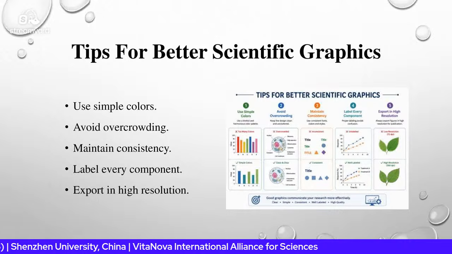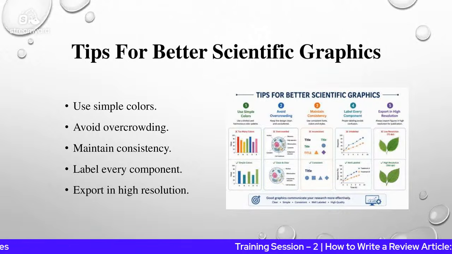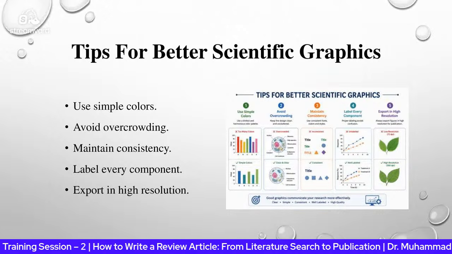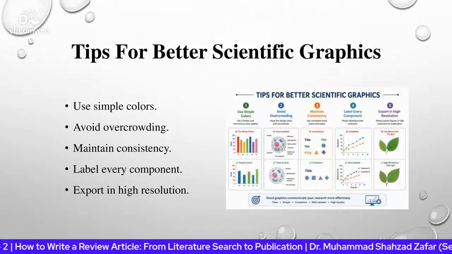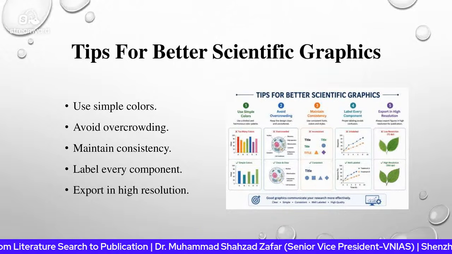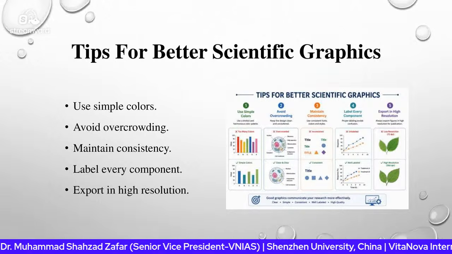Tips for better scientific graphics. These are some very simple rules, but following them can dramatically improve a figure. Use simple colors, a limited and meaningful color palette. Avoid overcrowding, remove anything that does not help communicate the main message.